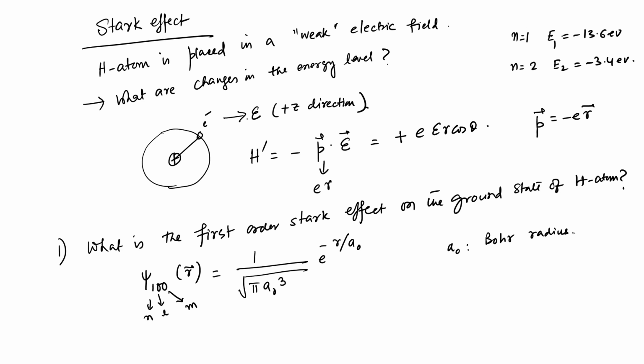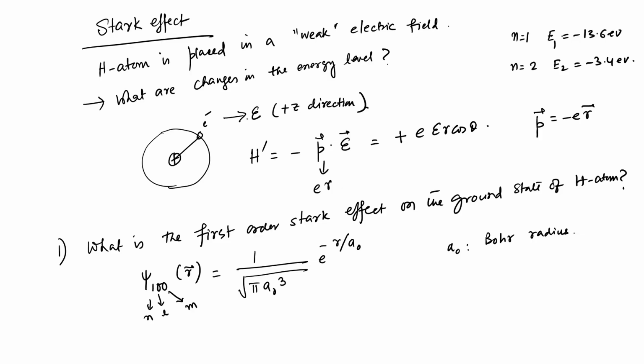In fact, you can use this and take a mod square of this, which gives you the probability density, and you can ask this question: at what distance does this probability density have a maximum, or till what distance is the hydrogenic wave function in its ground state most likely to persist?